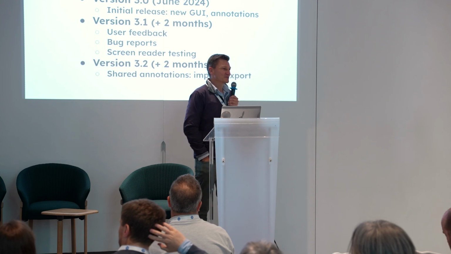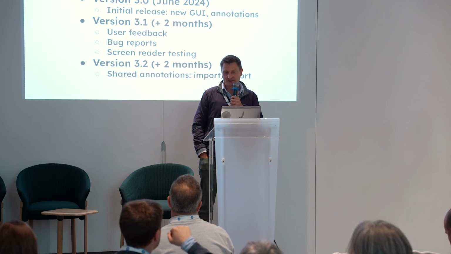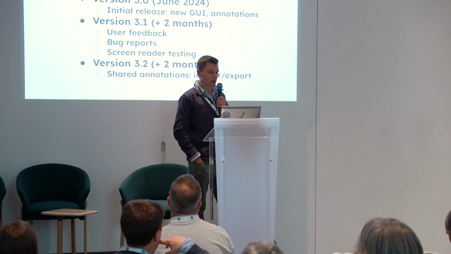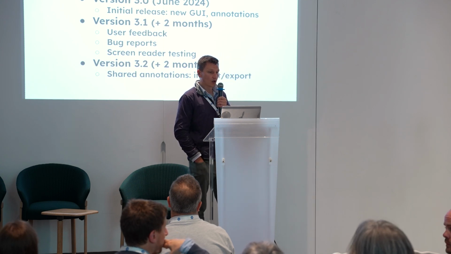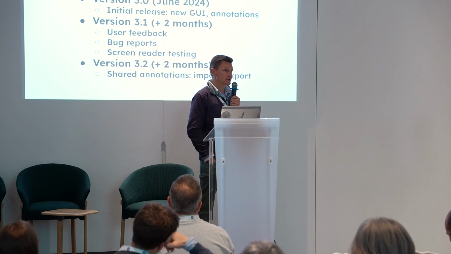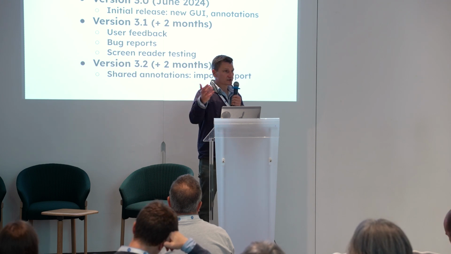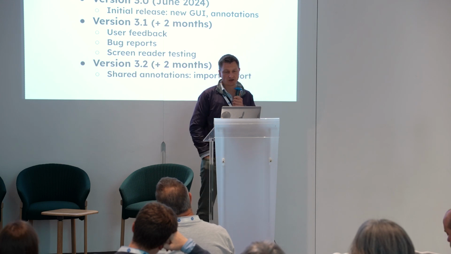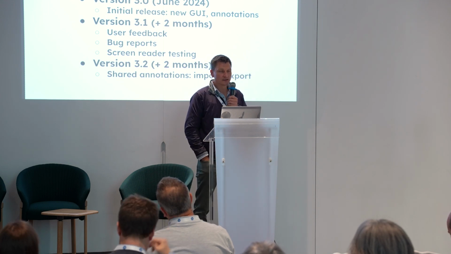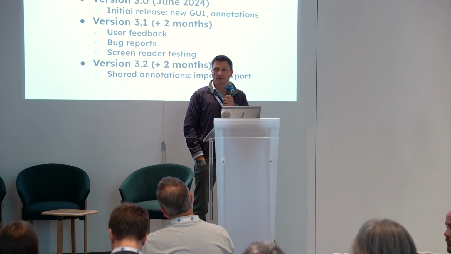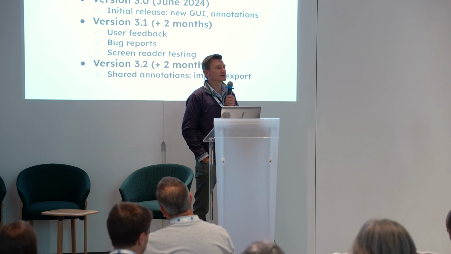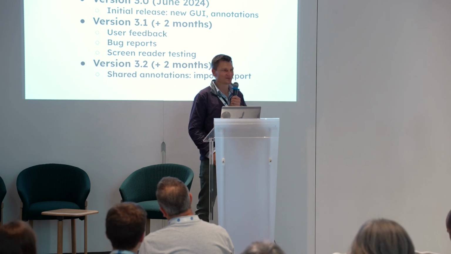Following that, sometime in the year, version 3.2, we're aiming to implement support for shared annotations, exporting annotations from Thorium and re-importing them into another Thorium app by another user. Eventually, we'd like to support the cloud, cloud annotations and various other exciting things, but we have to iterate on this. So I guess that answers your question.